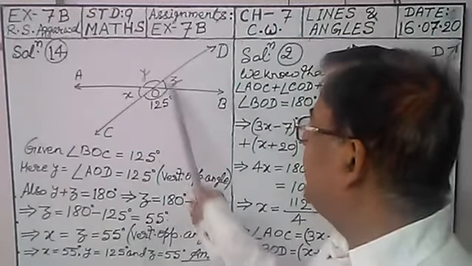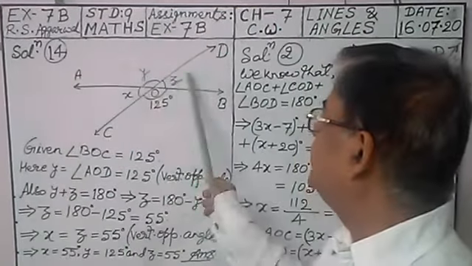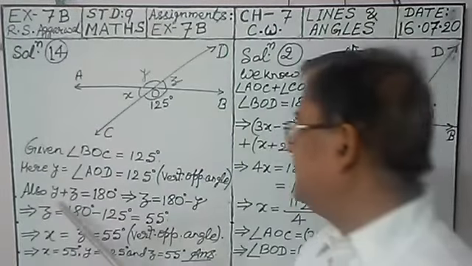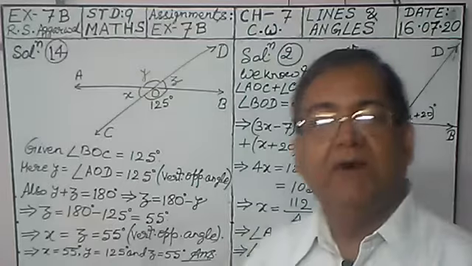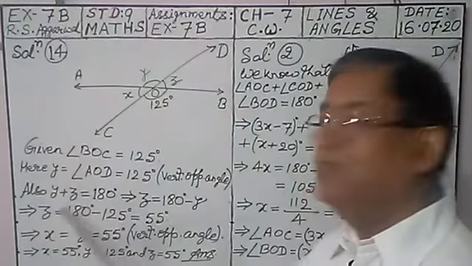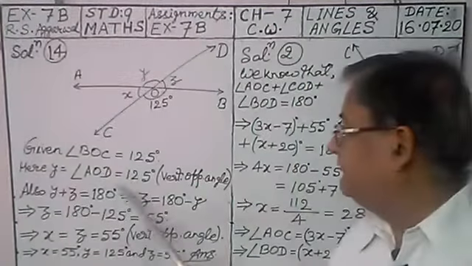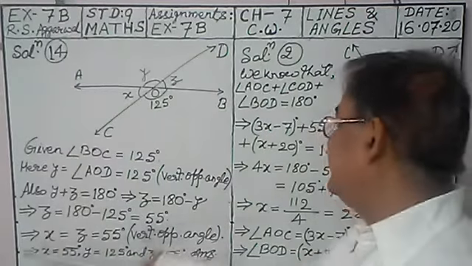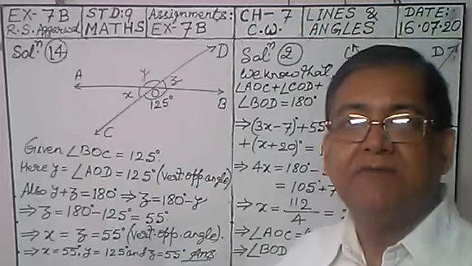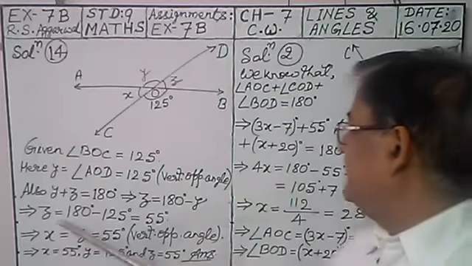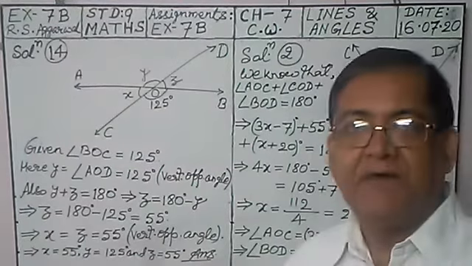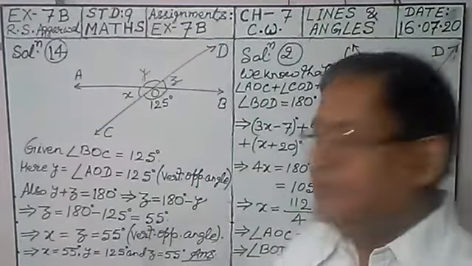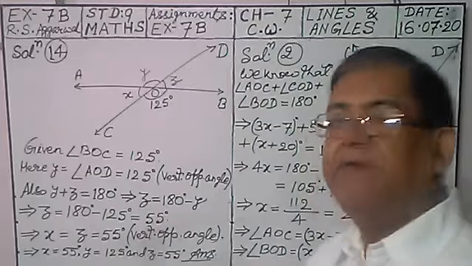This straight angle is made by Y and Z, both, Y plus Z. So I have written Y plus Z equal to 180 degrees. Now we know Y equals 125, so Z equals 180 minus Y, which is 180 minus 125. After subtraction you will get 55 degrees. So the value of Z equals 55 degrees.